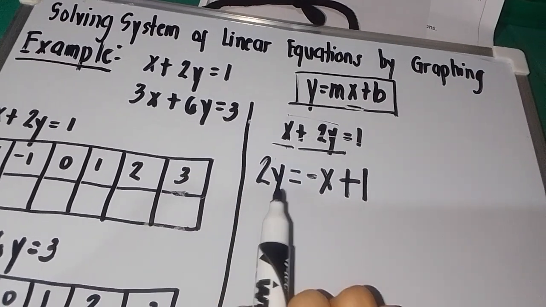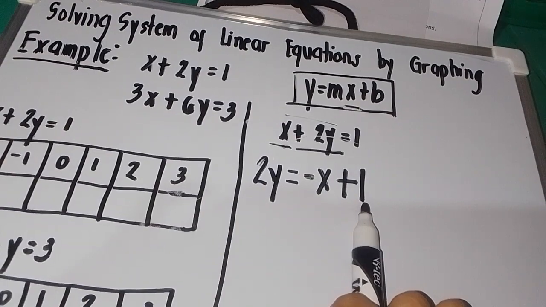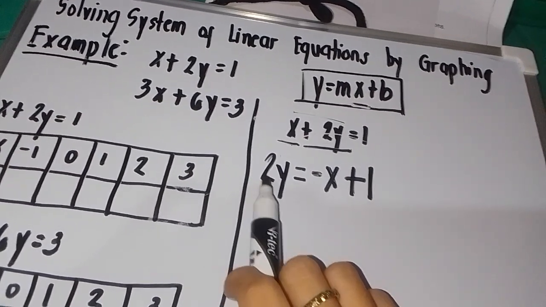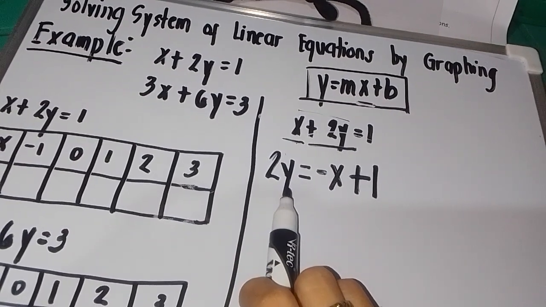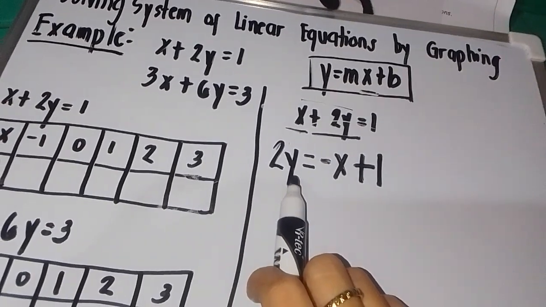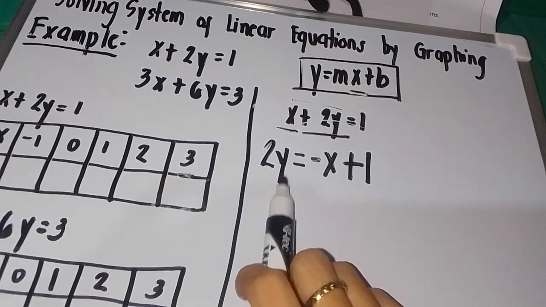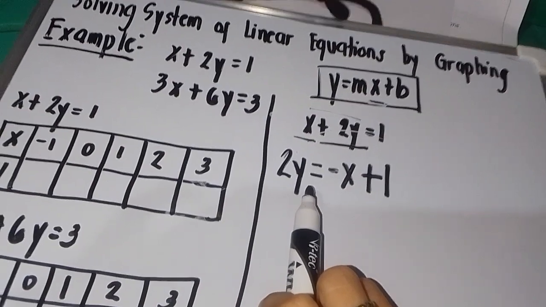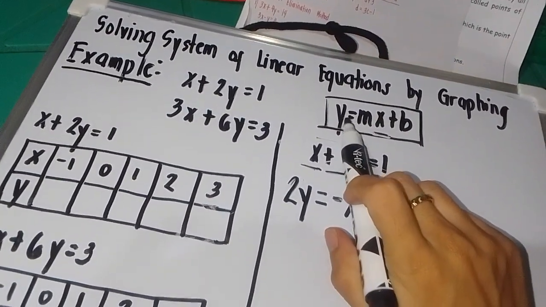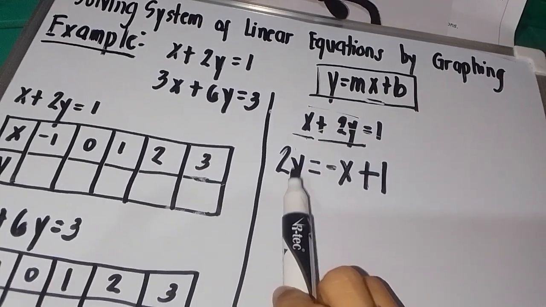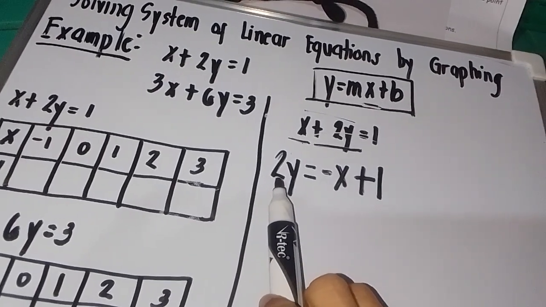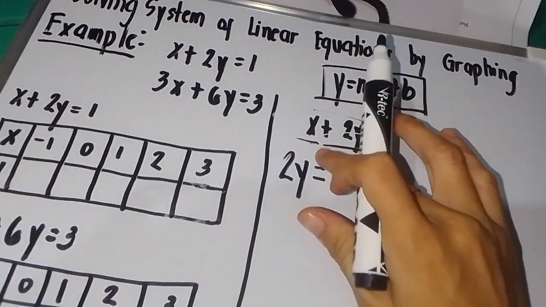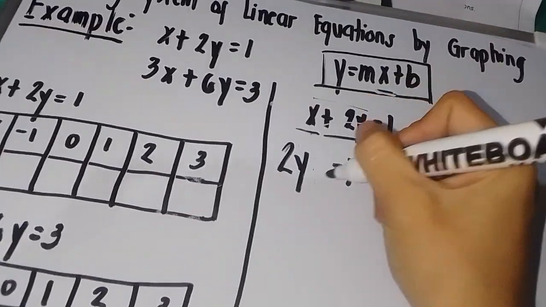Now, we still need to simplify this equation we derived, since the variable y still has a coefficient of positive 2. The final slope-intercept form of your equation must have a coefficient of positive 1 for y. Since the coefficient at this time is positive 2, we will eliminate the coefficient 2 by dividing both sides by 2.